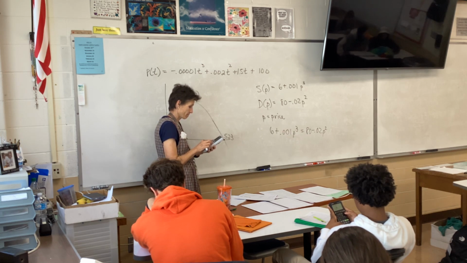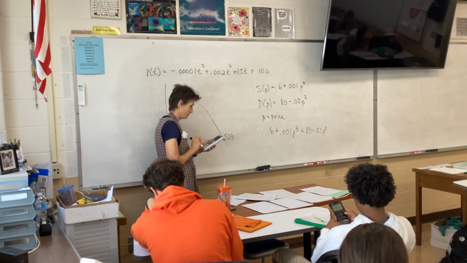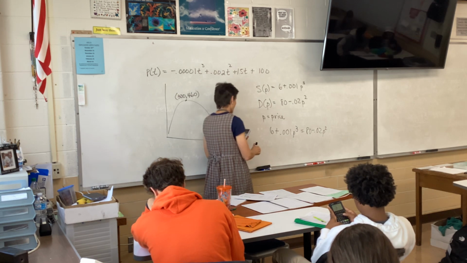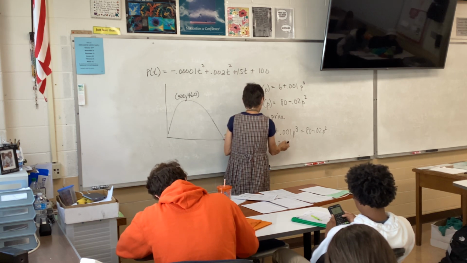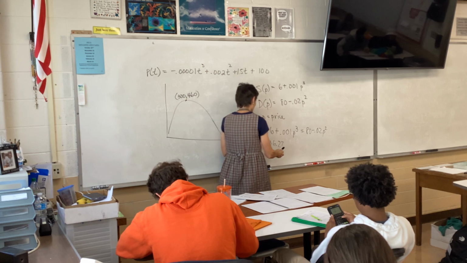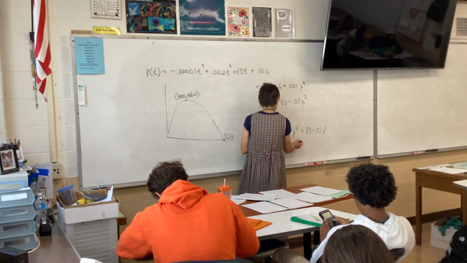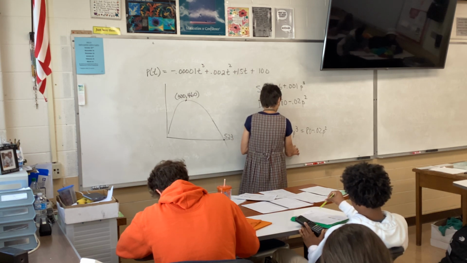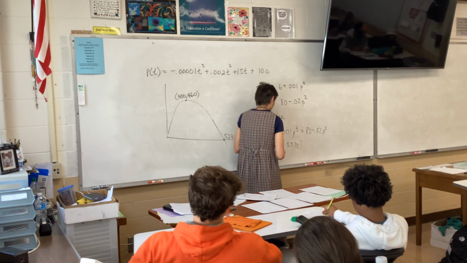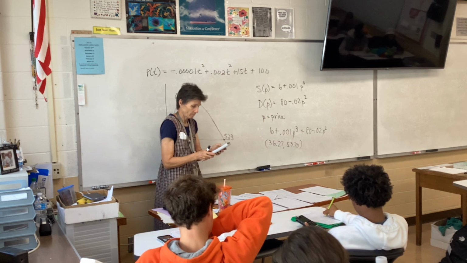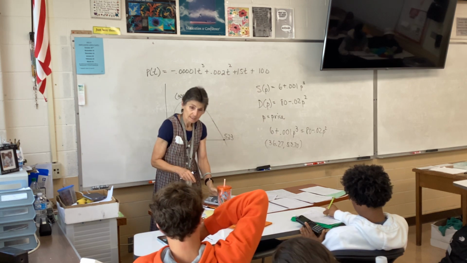What's your 0 to 500? We're looking for where they intersect. So my point of intersection, 36.27, comma, 53.70. Yeah. Is that what you got?